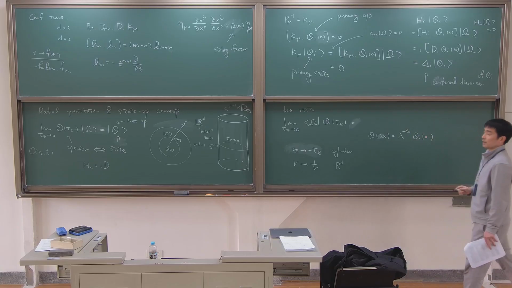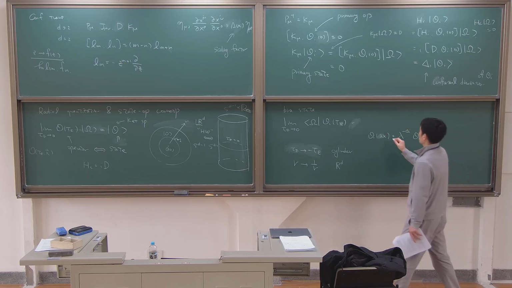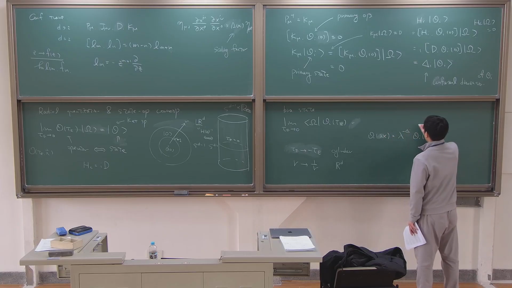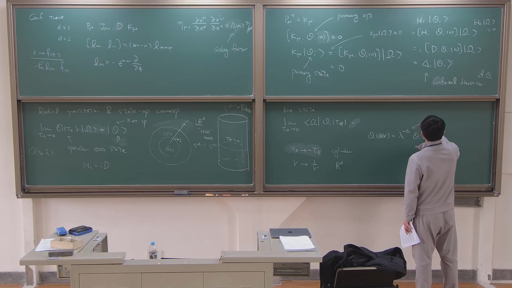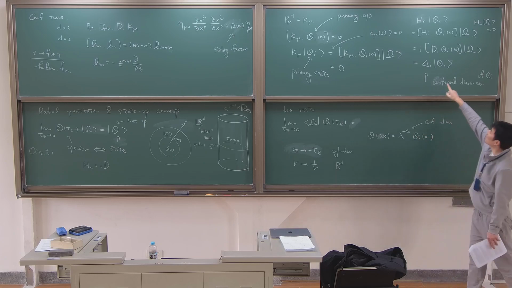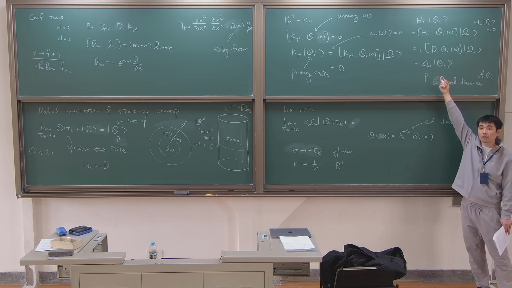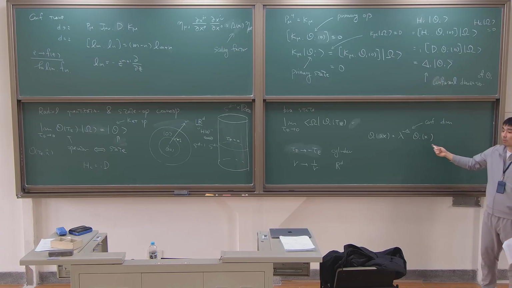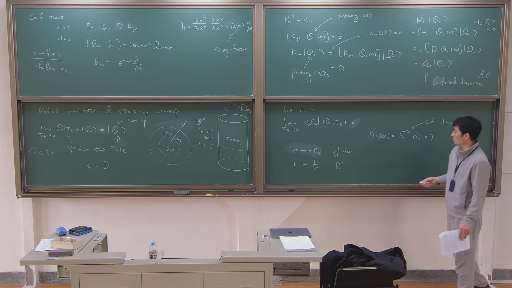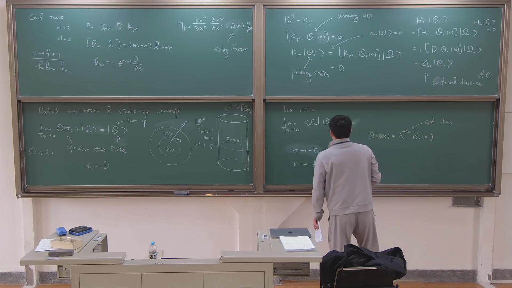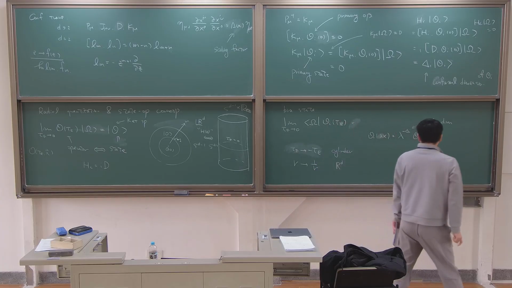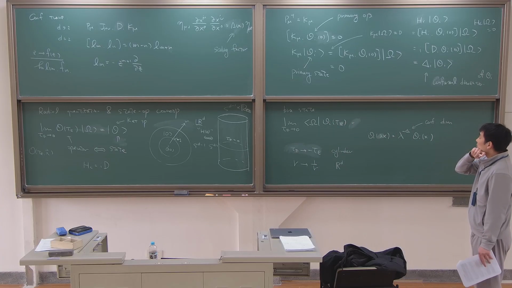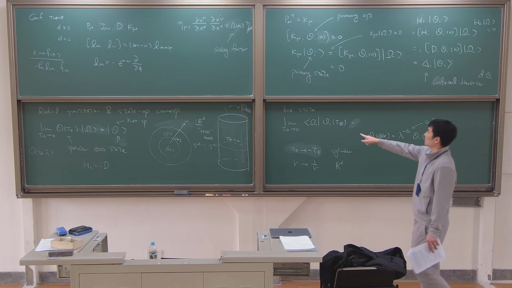That's how you define the conformal dimension. So that's how you get this factor, delta_i, the conformal dimension or scaling dimension, whatever you call it, of the operator. And you just want to do the same thing for this one.